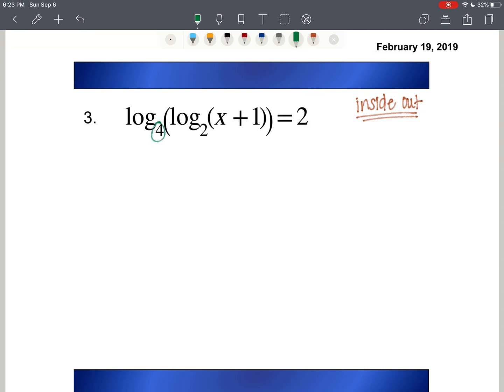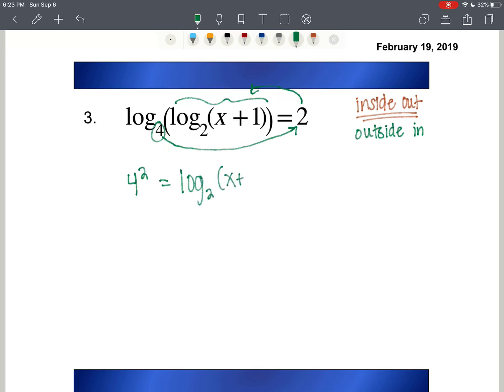So I'm going to start from the outside and try going in. So the outside would be 4 squared. And then that's going to equal the argument of log base 2 of x plus 1. So the outside in this case is going to be the way to go.